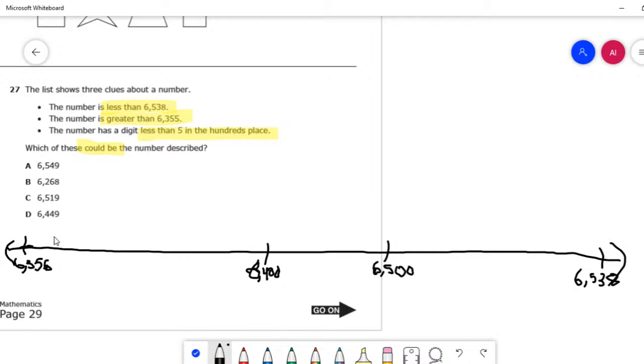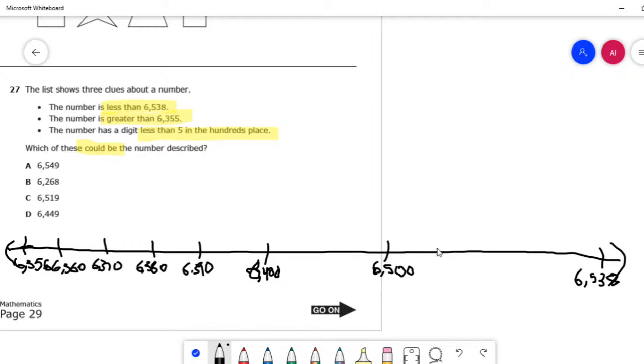So now let's go to the tens place and start dividing this up. So around here somewhere, we'll have 6,360, 6,370, 6,380, and 6,390.